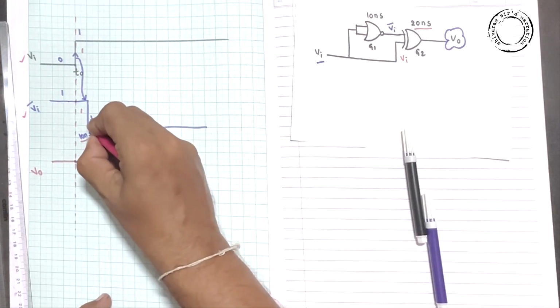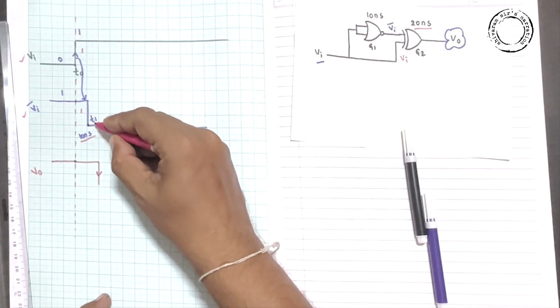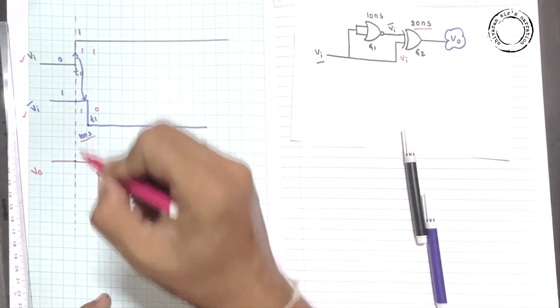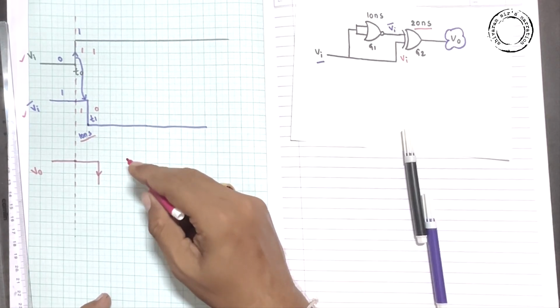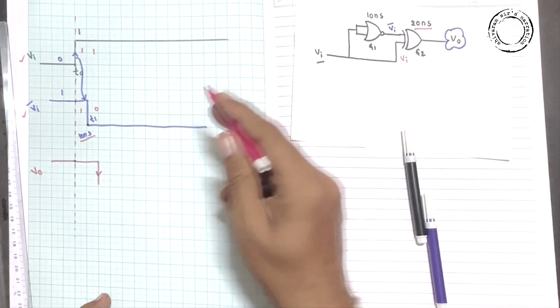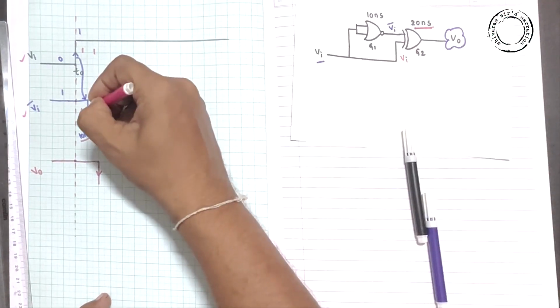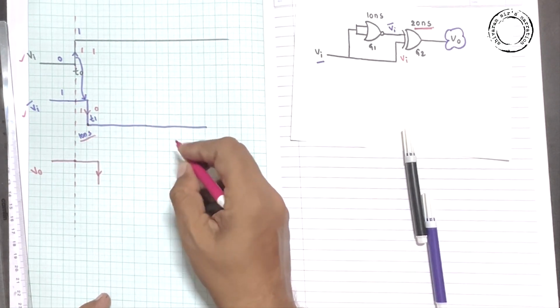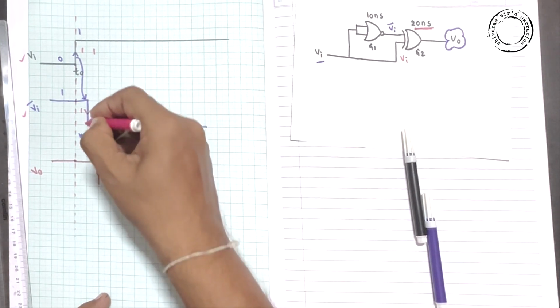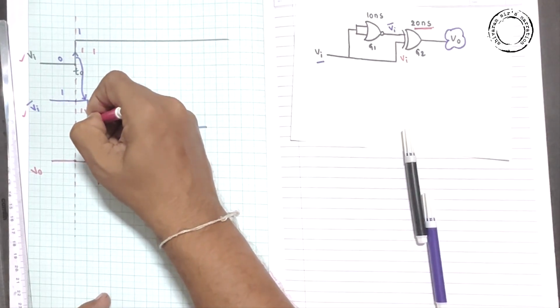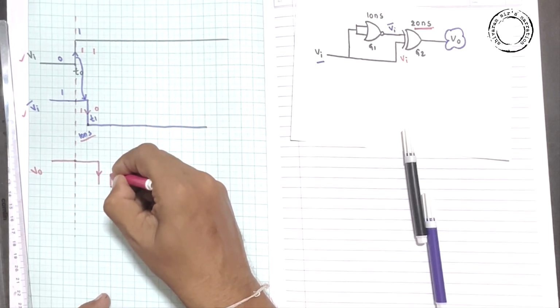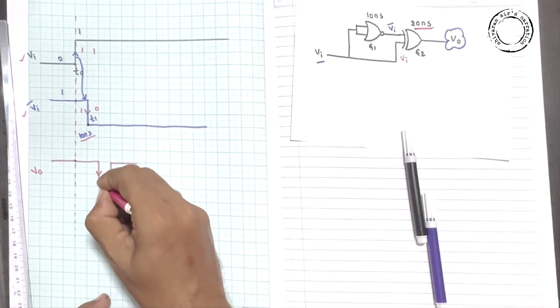Similarly, let's take T1. Again at T1, it's a 1, 0. Means output will be logic 1, but that will happen at the output after 20 nanoseconds. Whatever T1 has changed from 1 to 0 appears at the output after 20. So from here, whatever the 20 means, 2 boxes, it will change from here, this one. So that output will be here in between 0.